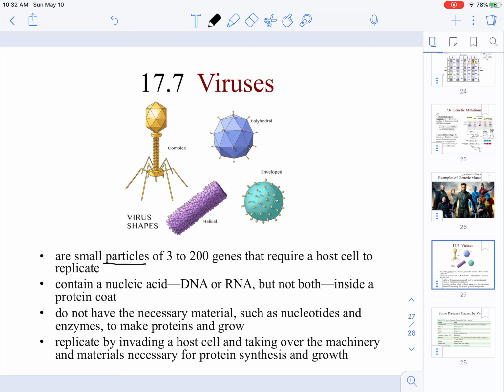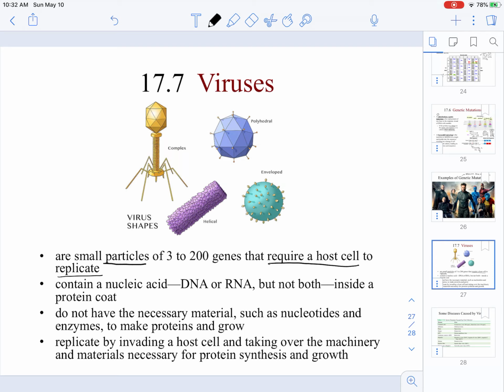The reason why they are not considered an organism is because they require a host cell in order to replicate. So they do not have all the components for transcription and translation. That's why they invade a host cell, utilizing the machinery that we explained in the process of transcription and translation previously from the host cell in order to replicate its DNA.